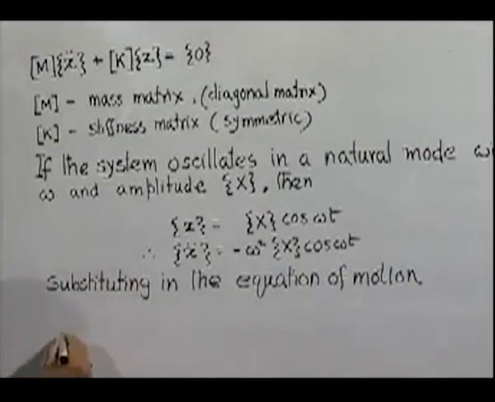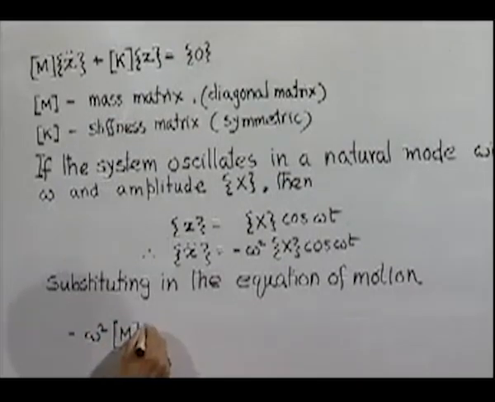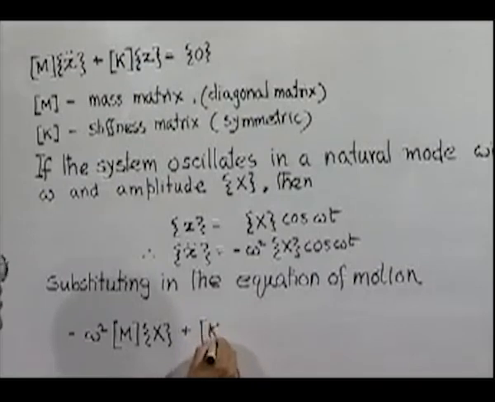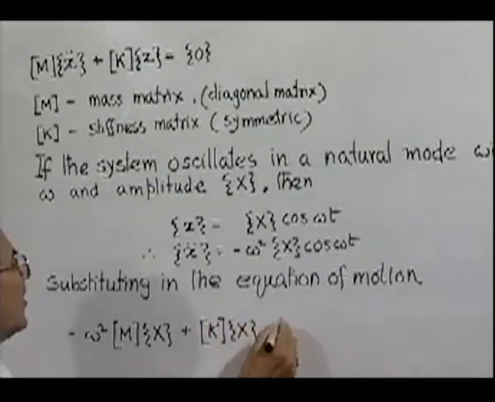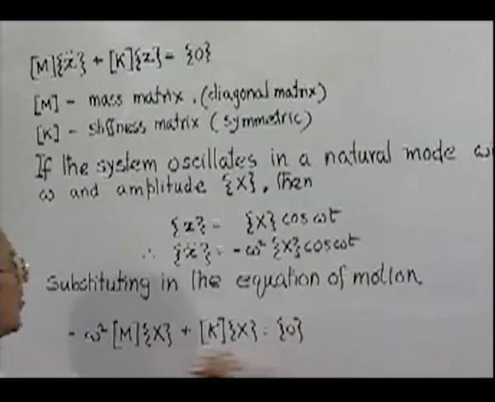We get minus omega square, and cosine omega t has been cancelled because it was common to both terms.